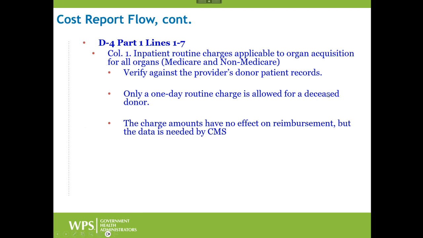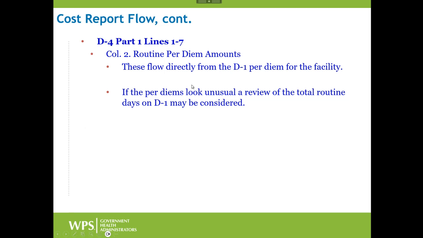Now, there is a rule. As far as routine, both days and charges, for a deceased donor, there's only a 1-day routine charge allowed generally. And the thought is that the organs should be able to be excised reasonably within 1 day. So anything more than that might be unnecessary. Now, I know there might be some arguments against that, but that is currently the rule at this point. Column 2 would be the routine per diem amounts, again from D-1.